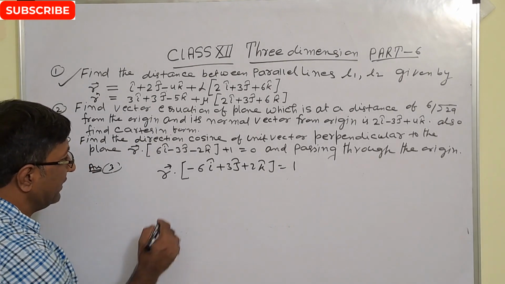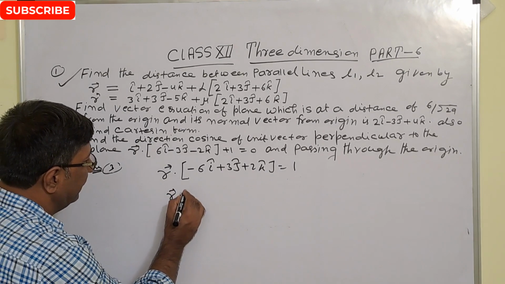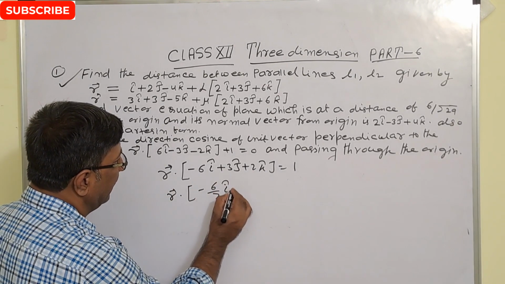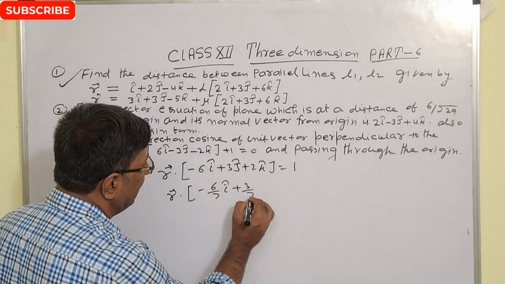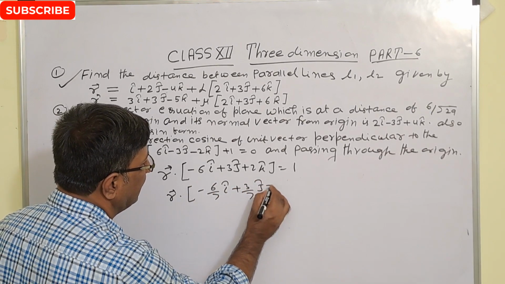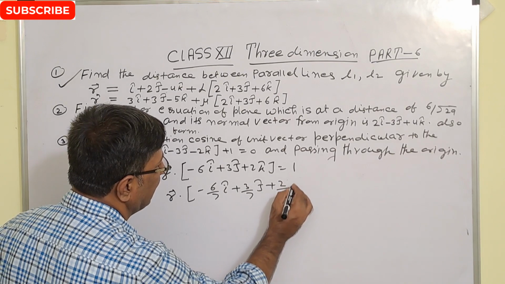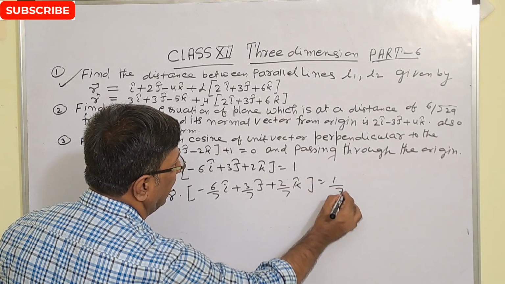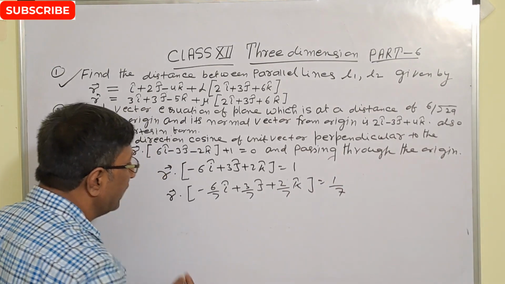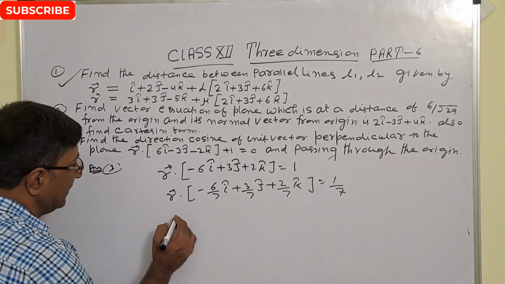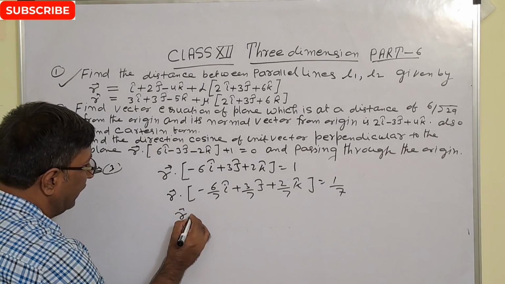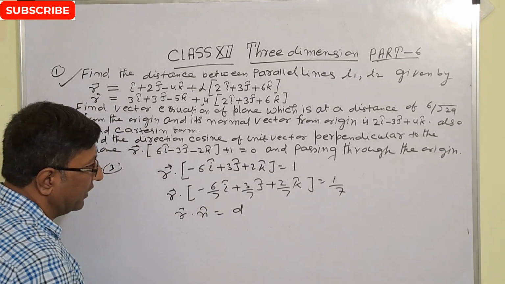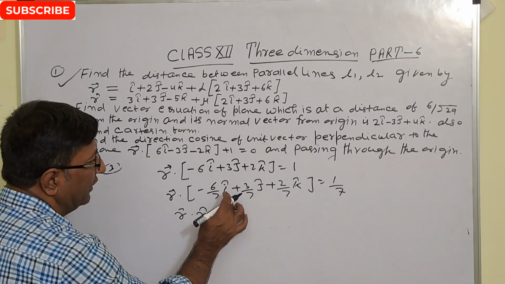You will get r vector dot minus 6 by 7 unit vector i plus 3 by 7 unit vector j plus 2 by 7 unit vector k equal to 1 by 7. Now you find that this is the same format, r vector dot unit vector n equal to d, so this is the unit vector.